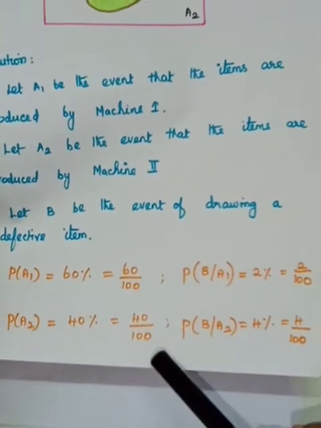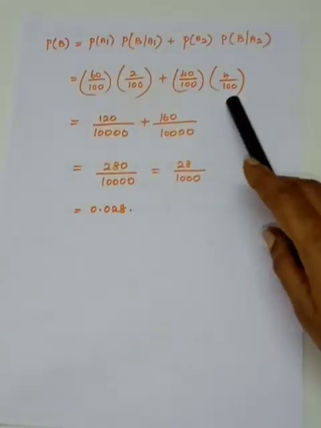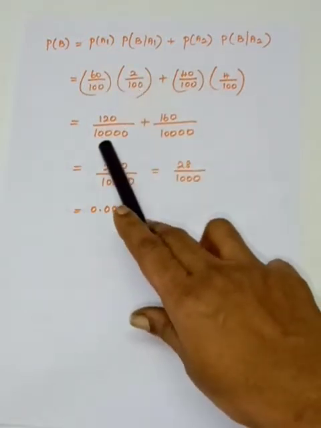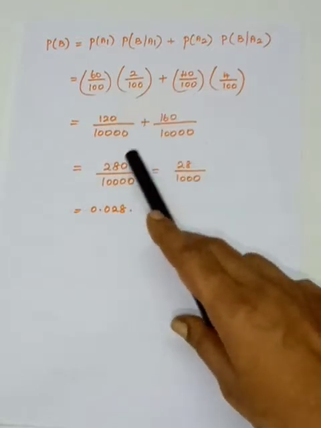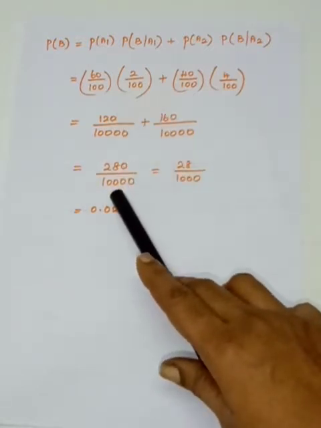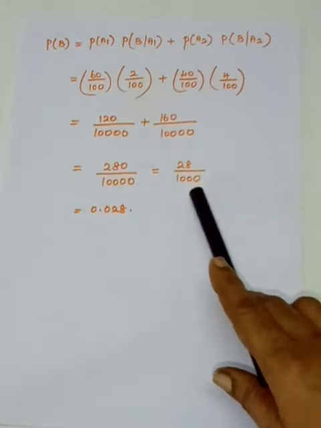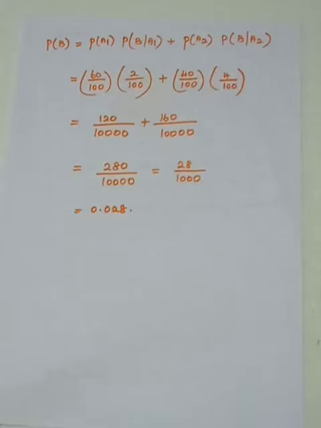Next, P of A2 is 40 by 100 and P of B by A2 is 4 by 100. So you do the calculation. It is 120 divided by 10,000 plus 160 divided by 10,000. If you add, it is 280 divided by 10,000, and the 0 gets cancelled. So it's 28 by 1000, which can be written as 0.028.